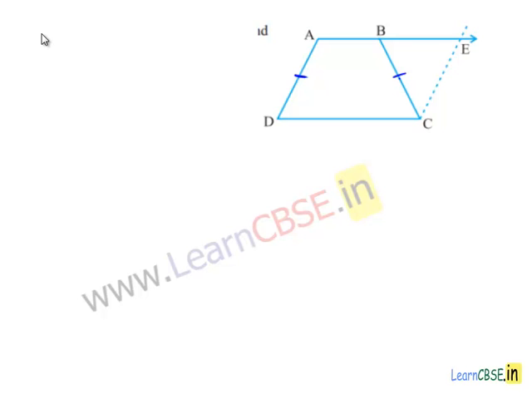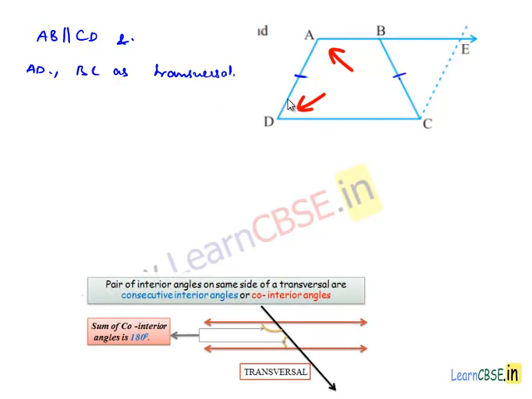Now, if we consider that AB is parallel to CD and AD, BC as transversals, then angle A and angle D lie on the same side of the transversal. So we know that the sum of angles lying on the same side of a transversal is equal to 180 degrees.